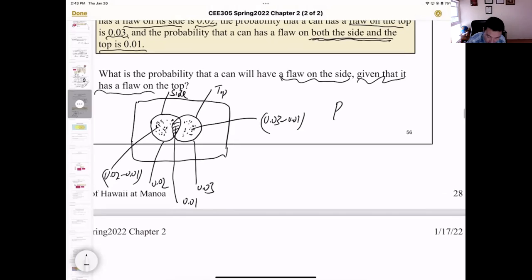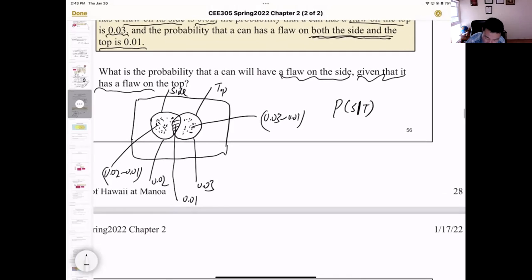So that is P(S given T). This means the probability of a flaw on the side S, given the condition T. Again, this line simply means given the condition. It's not S divided by T. It's S given the condition of T. Using the equation in the previous slide, it will be P(S and T) over PT.